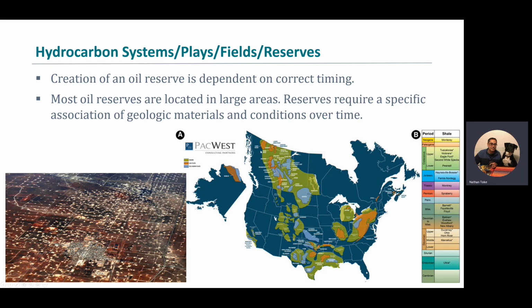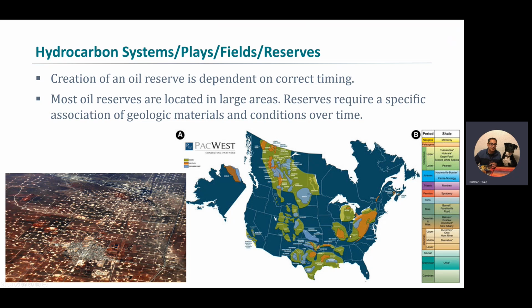So here's a map of oil reserves in North America, continental US and Canada and Alaska. And so we see a lot of oil reserves in the western, not exactly western US, but the kind of border between the Plain States and the Rockies, and then also in the west side of the Appalachians, we see this area as well.